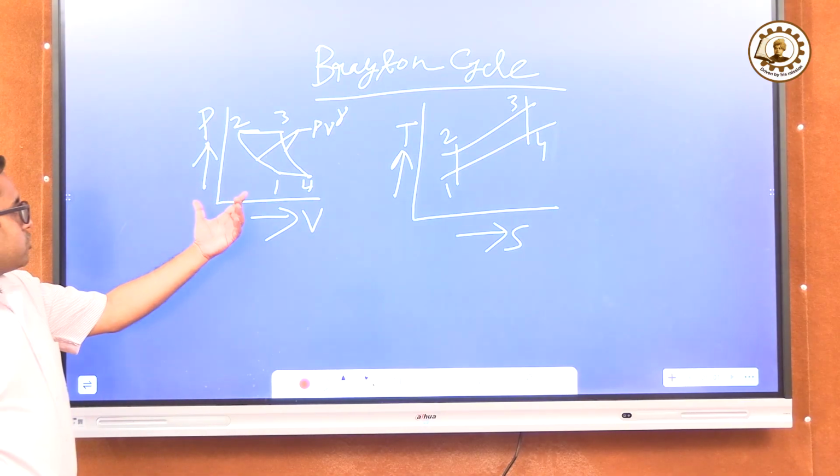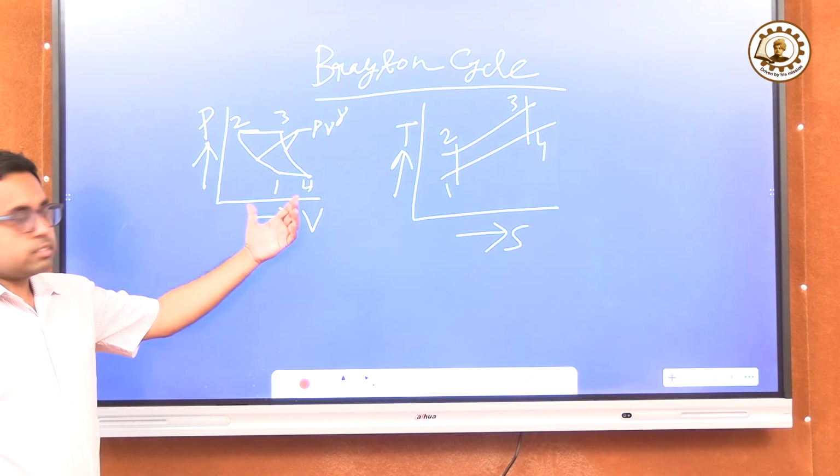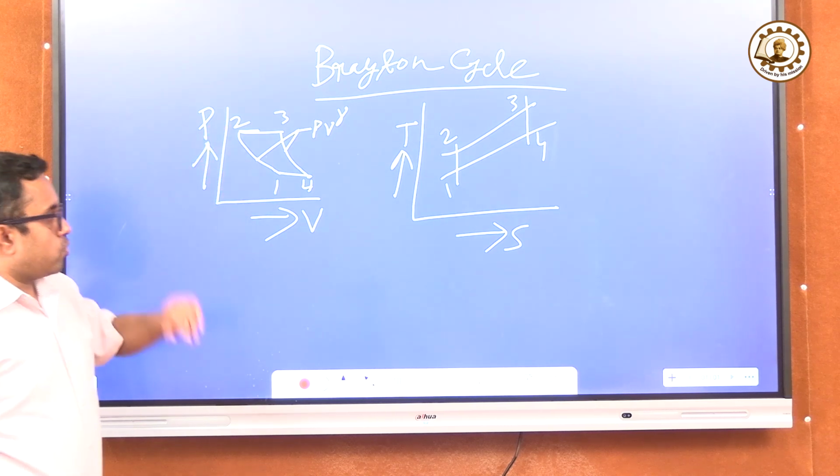You see that here also there are four processes: 1, 2, 3, 4.